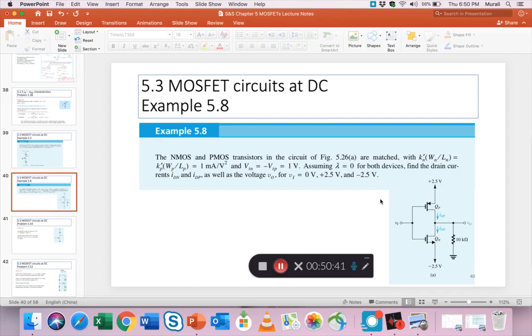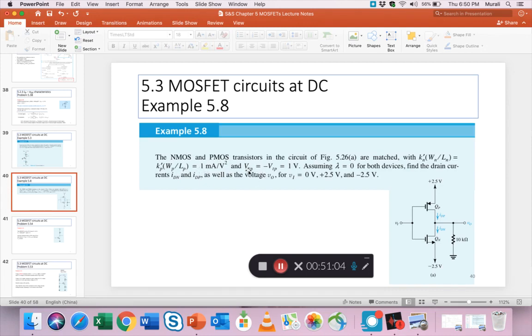Okay, so enough about that. Let's first try to solve this problem. What he says is there are two transistors, an NMOS and a PMOS, and they are matched in every way, meaning the process factors are identical for both of them and they are 1.